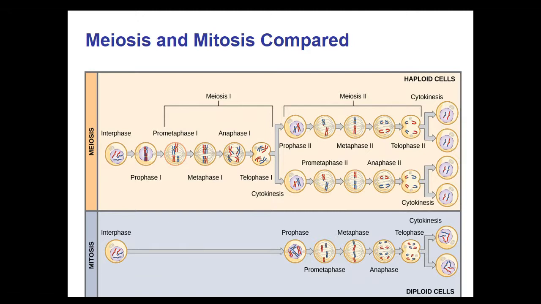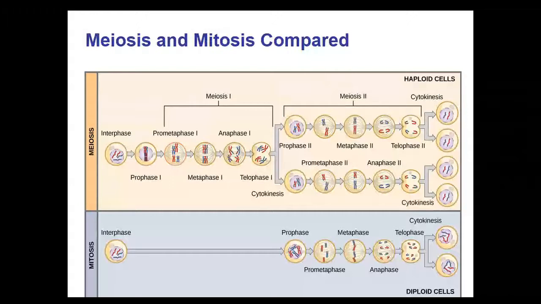And then the mitotic spindle with the protein fibers forms, and they move the chromosomes so they line up in the center. Then they start to pull apart, anaphase, and then the two sets of chromosomes are completely separated, and then the two daughter cells form, and the whole cell divides in half.